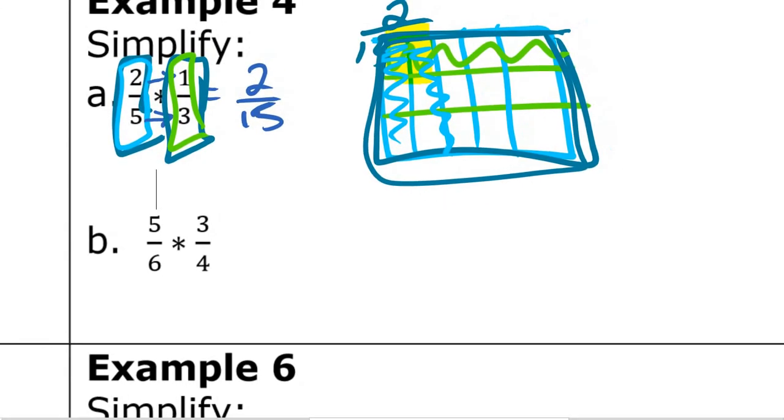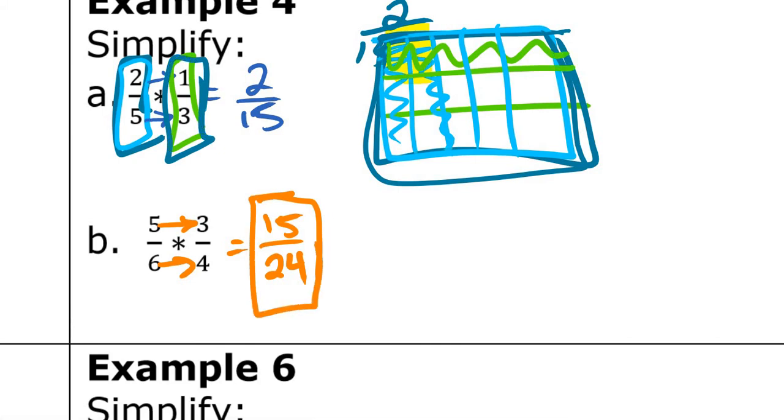B, when we are multiplying fractions, what do we need to do? All right, you should have just thought multiply straight across. 5 times 3, 15. 6 times 4, 24. Is this a proper way to leave my answer? You should have said no, because it can be reduced.